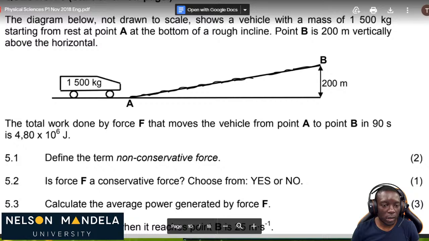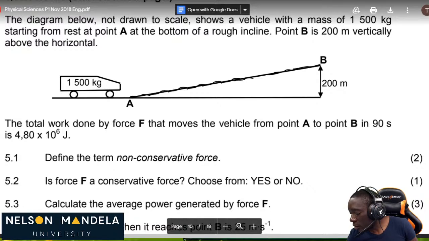Are we given anything about the initial velocity? It's starting from rest. So this is half m times v final squared minus v initial squared, the change in kinetic energy.